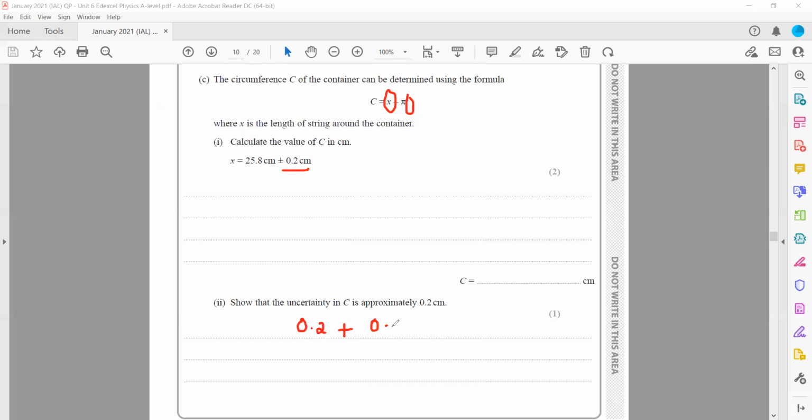So this is 0.022, this will be 0.22, which is approximately equal to 0.2 centimeter. So even for quantities we are getting by subtraction, when the units are the same, uncertainty always adds up.